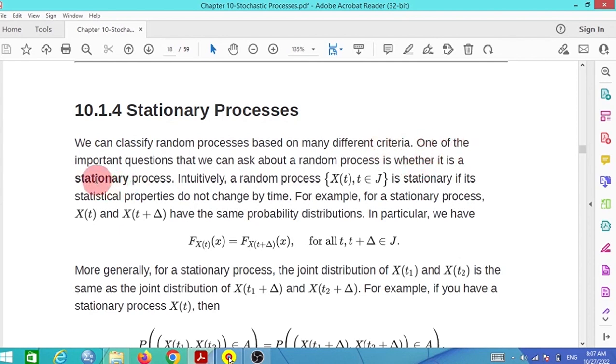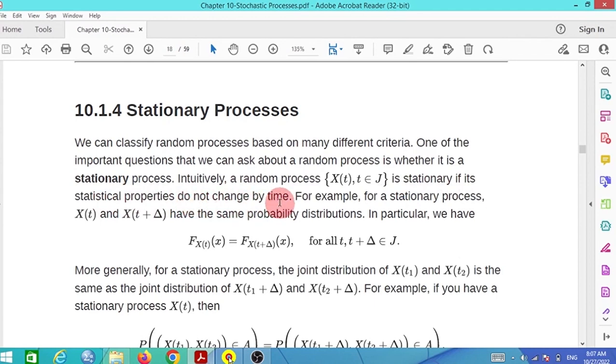One of the important questions that we can ask about a random process is whether it is a stationary process. Intuitively, a random process X_t is stationary if its statistical properties do not change by time.